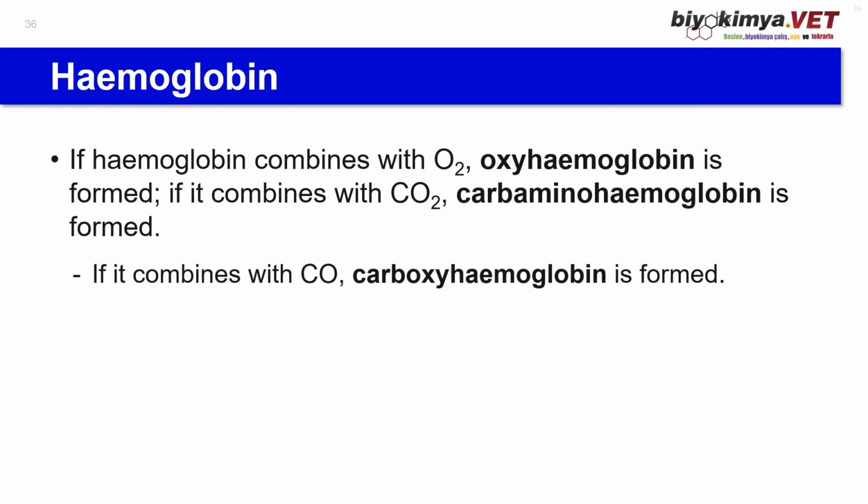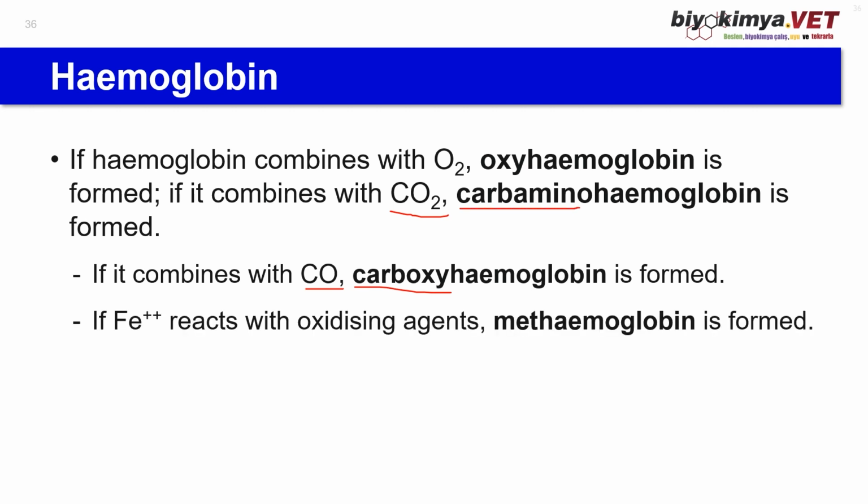If it combines with carbon monoxide, it's called carboxyhemoglobin. So here, please be very careful. Don't think the carboxy represents carbon dioxide. It represents carbon monoxide. And carbon monoxide is a poison. It's very dangerous. The one carrying carbon dioxide is called carbaminohemoglobin.